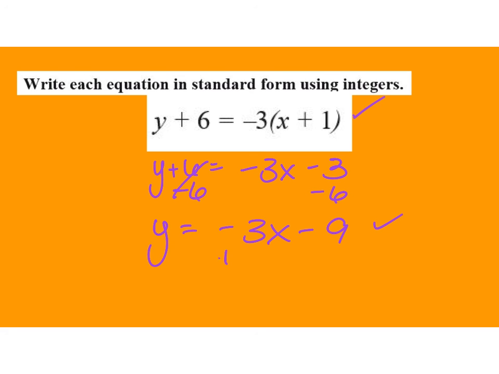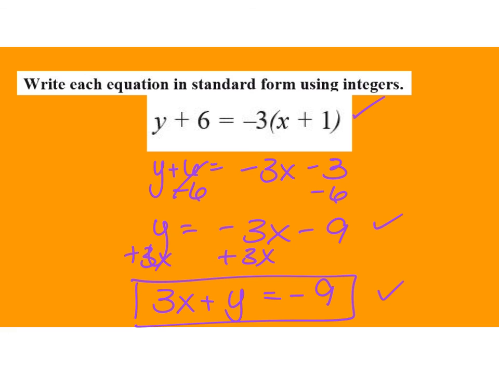Now I'm going to go to standard. There's my standard. So there's all 3 types of equations right there. The only one we're missing is direct variation, and this isn't a direct variation, so it doesn't matter. How many of you were able to get to that? Good. I know some of you may not have had enough time, and I'm sorry.